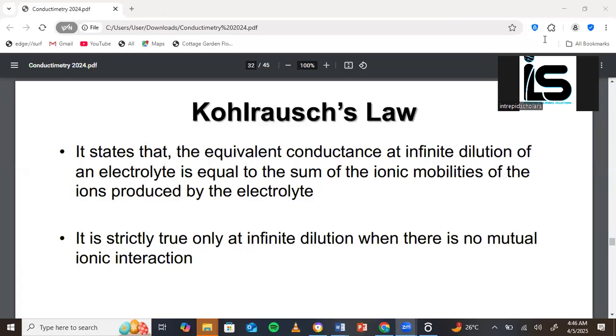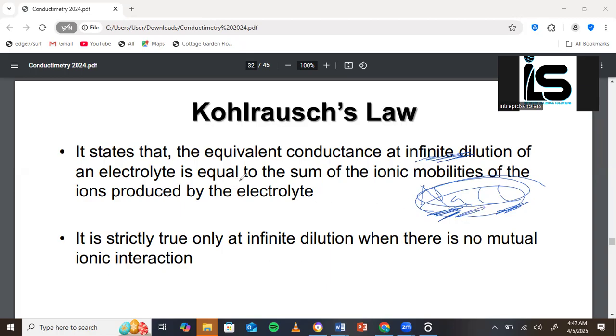It is strictly true at infinite dilution where there's no mutual ionic interaction. So Kohlrausch is just saying that if we want to find the equivalent conductance at infinite dilution for, let's say, sodium chloride, a common example, very simple, we can add the ionic mobility for sodium and that of chloride, and that should give us the equivalent conductance at infinite dilution for sodium chloride. So we'll do a lot of examples to show.